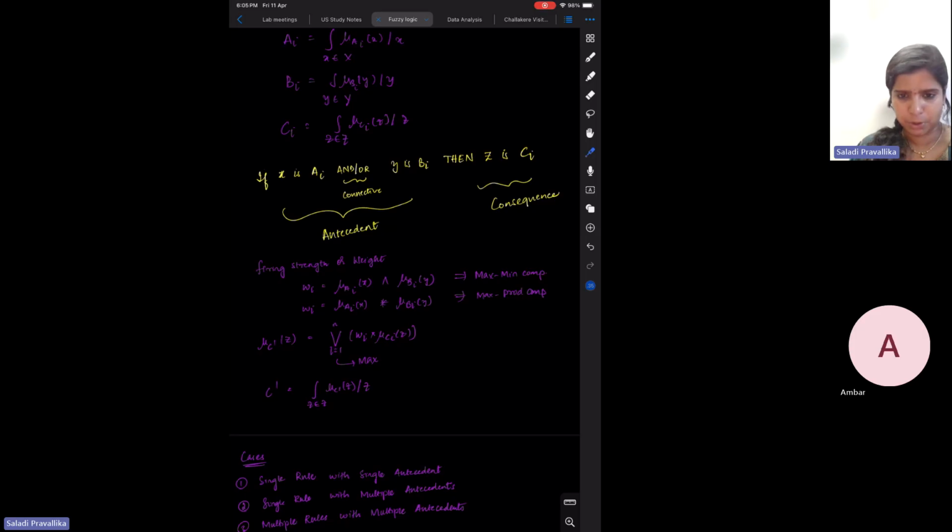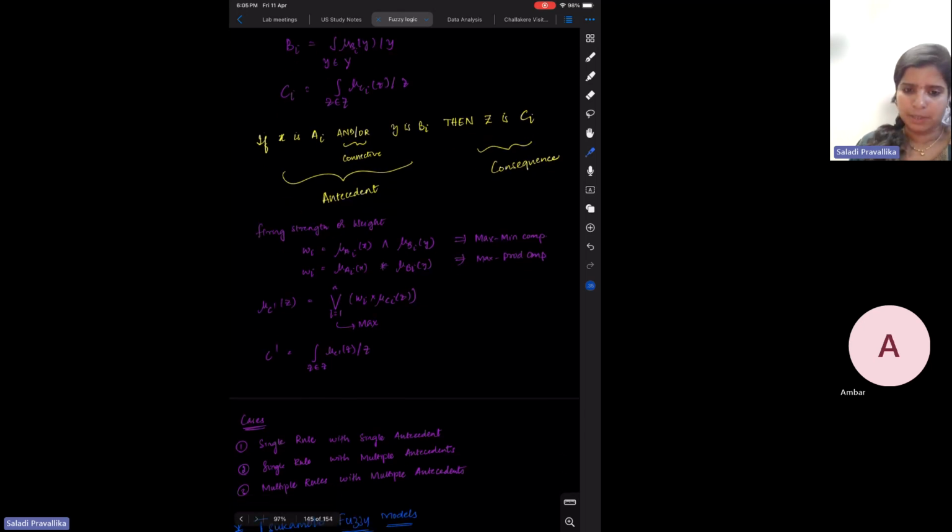You take the product of both of them, and then you take the maximum of all of these. From all the rules that you have from i to N, you pick the maximum value, and then your final output will be C dash is equal to the integral mu C dash of Z.